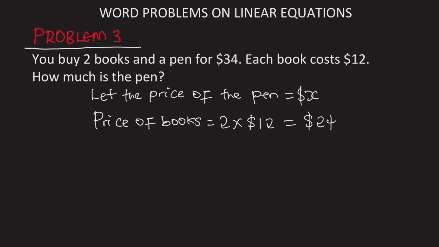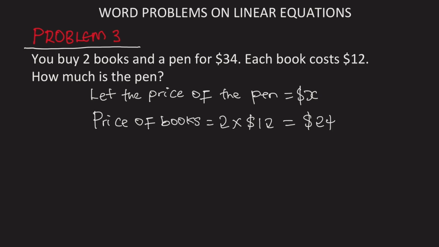Okay, so we know that the price of the pen is X dollars, and the price of the 2 books we bought is $24, and the cost of both the 2 books and the pen is $34. So we could get our linear equation by adding X, which is the price of the pen, which we don't know, plus 24, which is the price of the 2 books, equals 34.